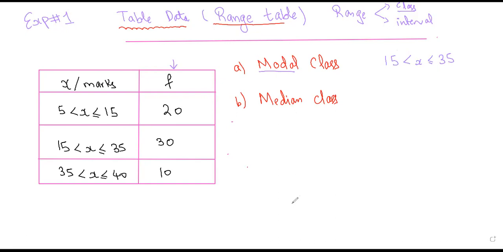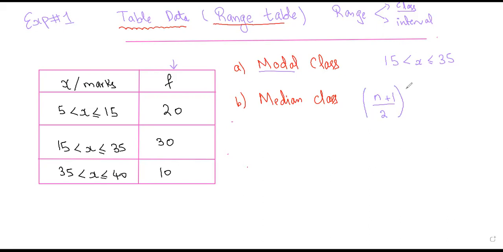Okay. Next question is the median class. Now for the median class, our steps are going to be the same. We are not going to do anything new. We know that first thing is to arrange the data in ascending order. Well, that is already arranged. Whenever we have the data in table form, it would be arranged always. Remember this, okay? So it is arranged. Next thing is to write down the formula (n plus 1) divided by 2.